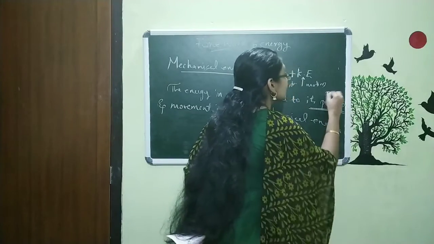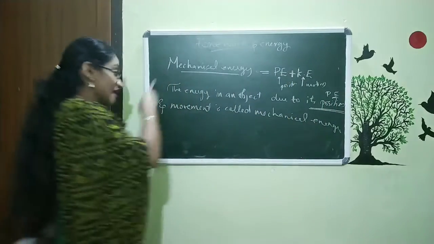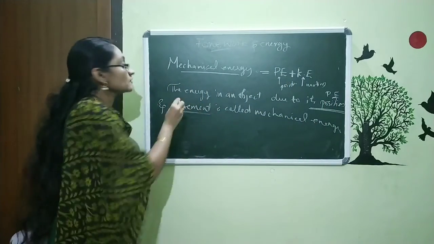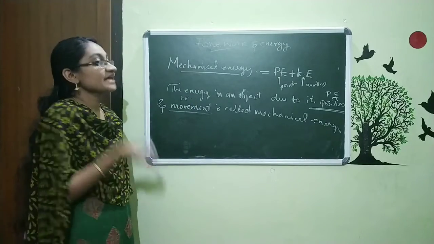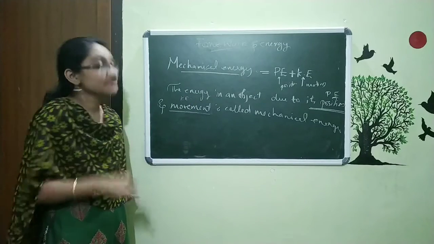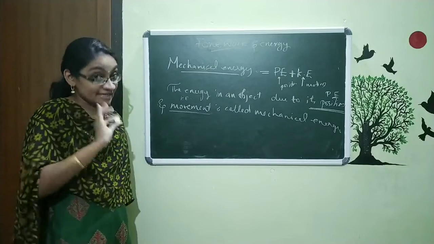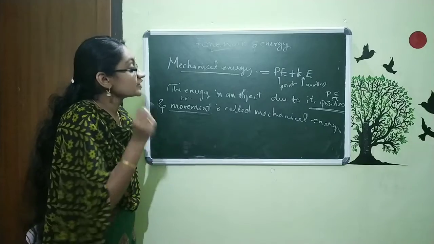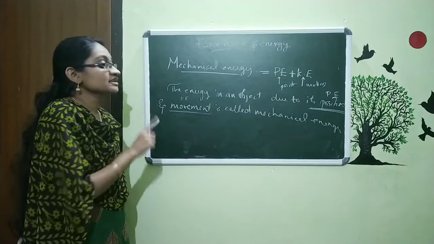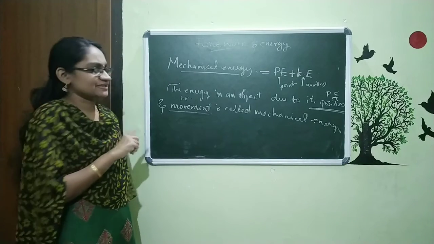This position is for our potential energy, and movement is for our kinetic energy. So simply we can say mechanical energy is the sum of potential energy and kinetic energy, and we can explain it like this: the energy in an object due to its position and movement is called mechanical energy.